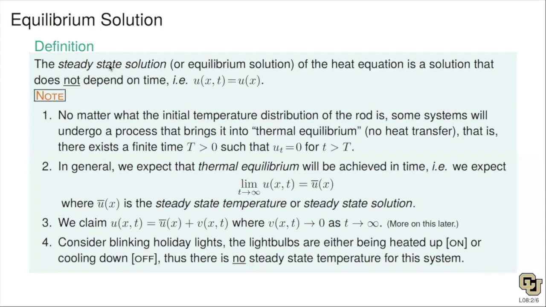And then the light comes back on, so the temperature goes up, and then the light goes off, the temperature comes down. So here, there's no one steady state temperature for this system. There is maybe a long-term behavior, but it's not like cold pizza. It doesn't come down to one specific steady state temperature.